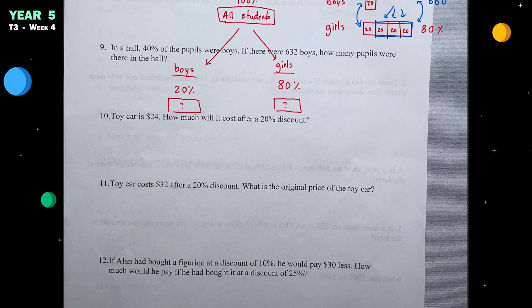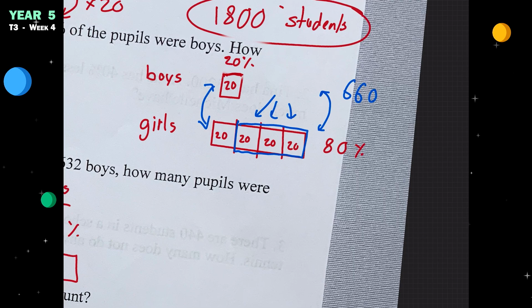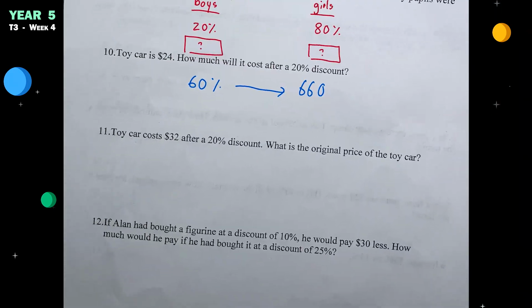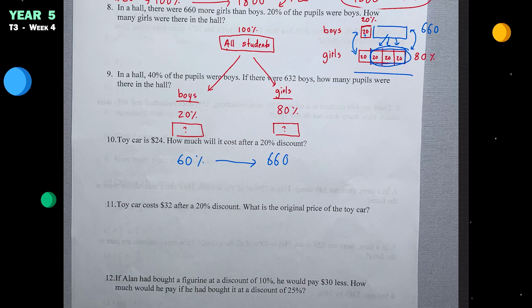So 60% is your 660 students, if that makes sense. We don't know how many people are in there, but we do know that the girls have 60% more. Here's 80, that's 20. 80 minus 20 is 60, and all of this missing piece is the more, if that makes sense. Okay, so that means 60% is the more part, which is 660 girls.